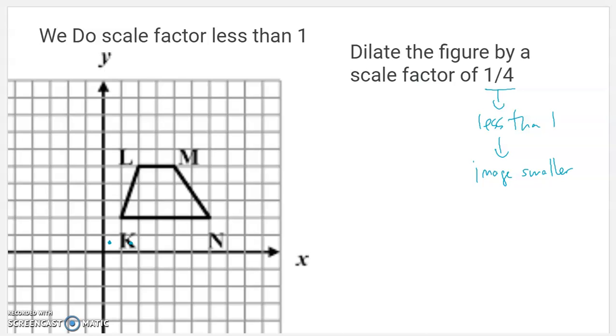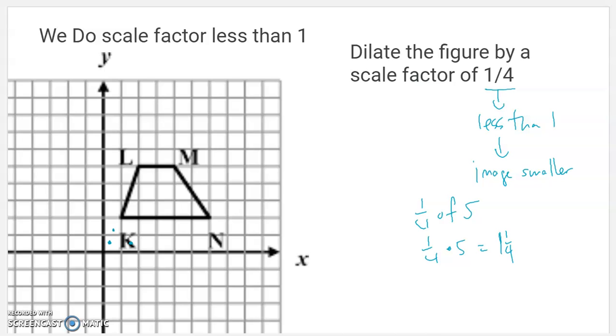And then L, over 2, up 5. So I'm going to go over 1/2. That's more than this. Remember, that was 1/4. So over 1/2. And then 1/4 of 5. That's 1/4 times 5. That's 1 1/4. 5/4. So I'm going to go over 1/2, up 1 1/4, just a little.